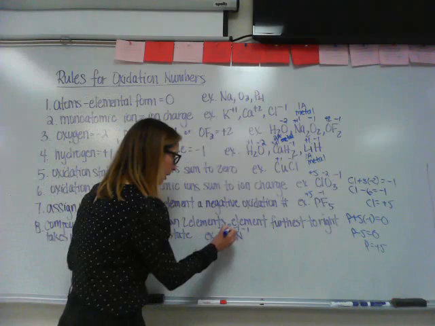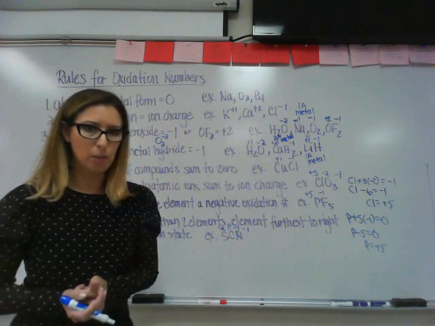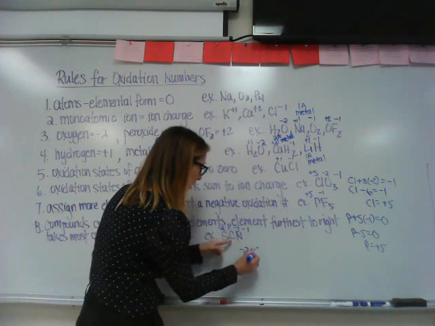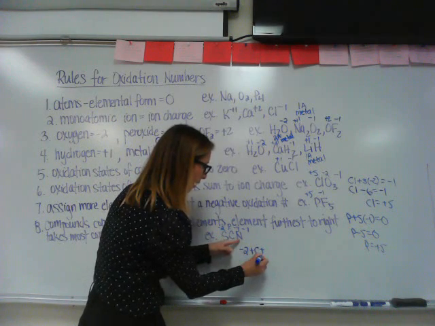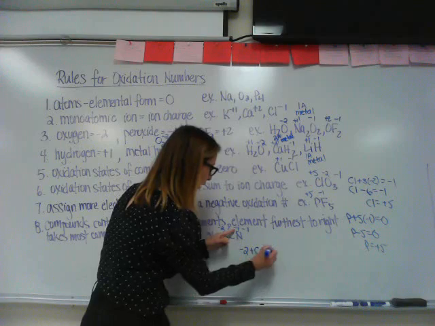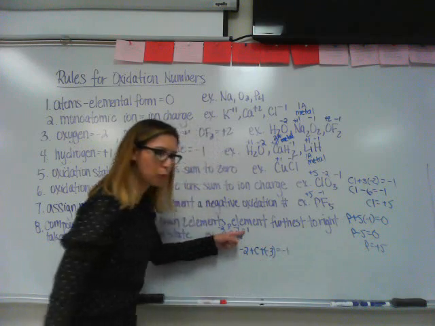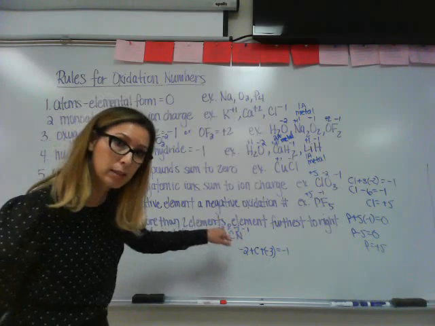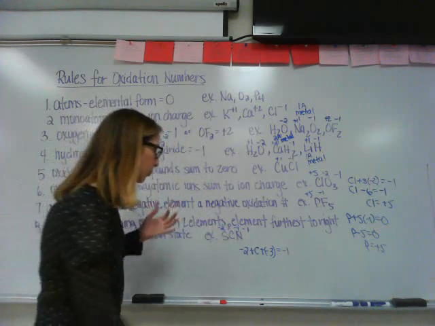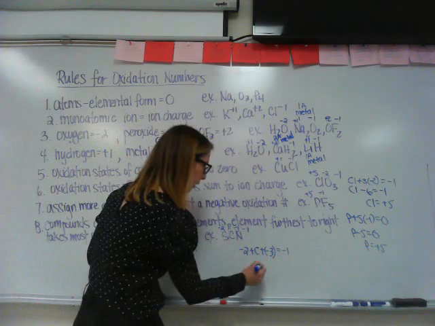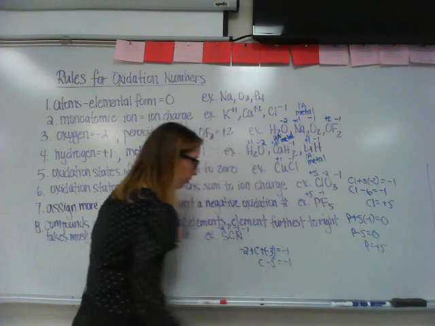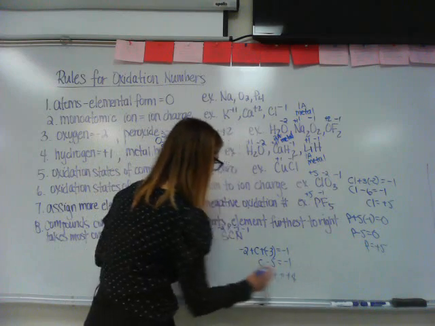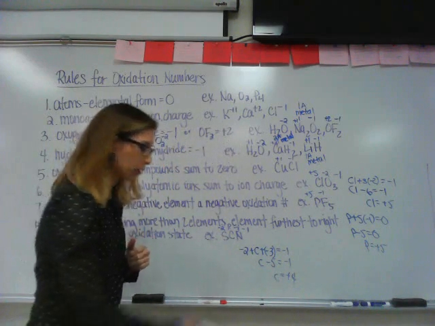That means we're going to calculate the oxidation number for carbon. So, -2 for sulfur, plus carbon, plus nitrogen at a -3 adds up to the overall charge on this polyatomic ion, which is -1, and that's written there on the example. -2 plus -3 is going to be a -5. You're going to put the 5 on the other side. Carbon is going to be a +4.